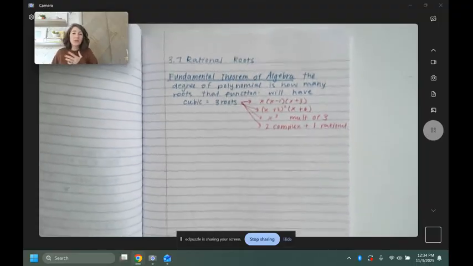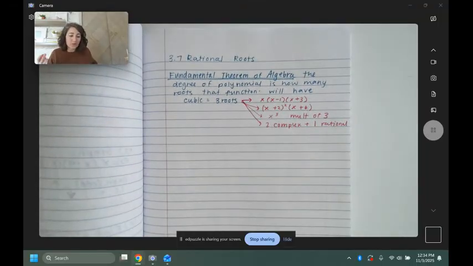So you're not really sure, going into it, what you'll have. So here are some tips on how to find the roots when you're just given a function. How do you start going about finding the roots?